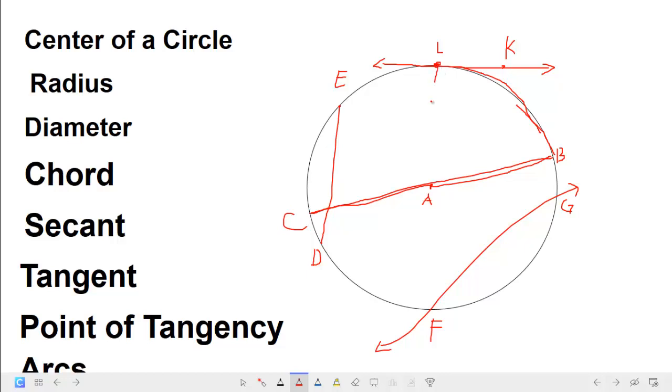Let us extend BL; this is the center. But when we say BL going to D, it is more than 180 degrees, because 360 divided by 2 is 180, the half. If more than 180, that is called a major arc. So arc BLD is a major arc.